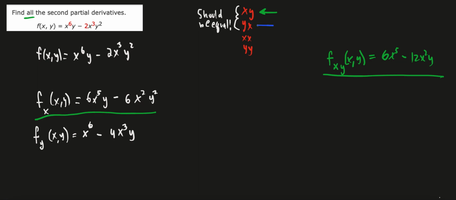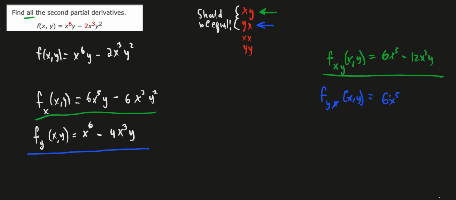And then let's move on to the second one. So f y x is going to be taking this and taking the partial derivative with respect to x, which is going to be 6x to the fifth.